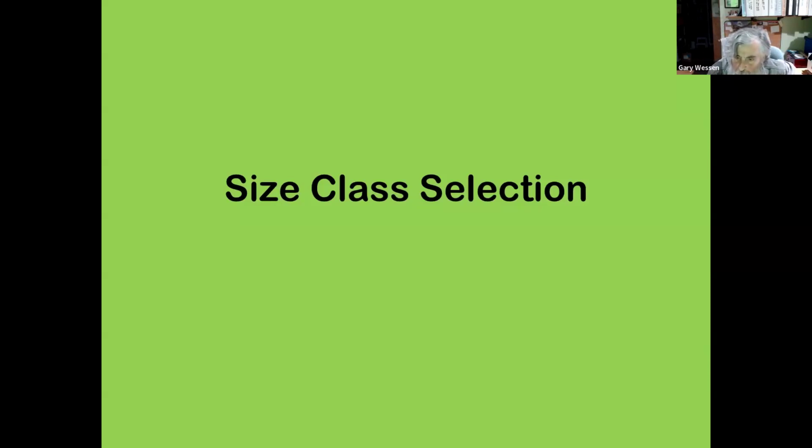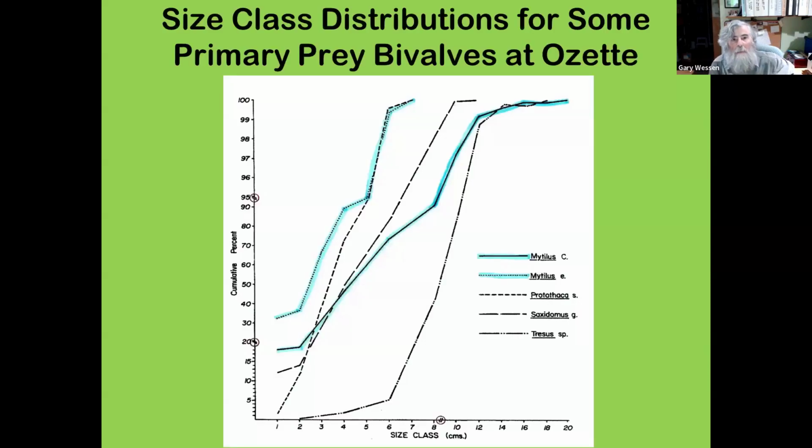Okay, and so now let's look at the population size classes for the primary prey bivalves at OZ. First off, I have to tell you about this graph. It's not really log paper, but we tried to come up with some variation on log paper to show different scales. On the horizontal scale, you notice these are 1 centimeter increments to 8, and then they go to 2 centimeter increments.